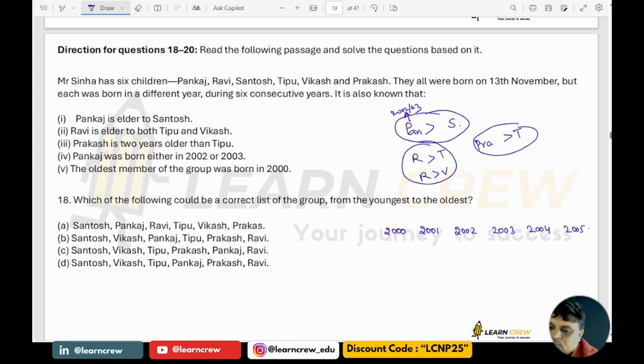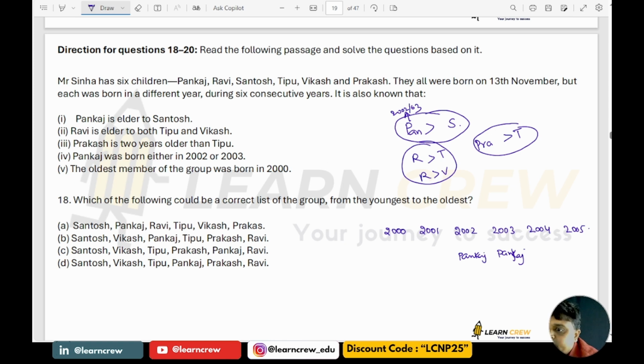Okay. Now, please see here what is given. Pankaj is elder to Santosh. Pankaj was born either in 2002 or in 2003. Pankaj may be here or may be here, we don't know.